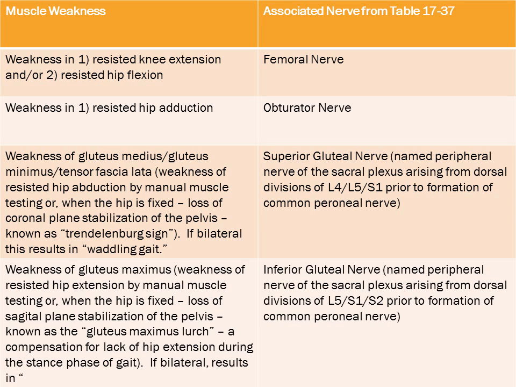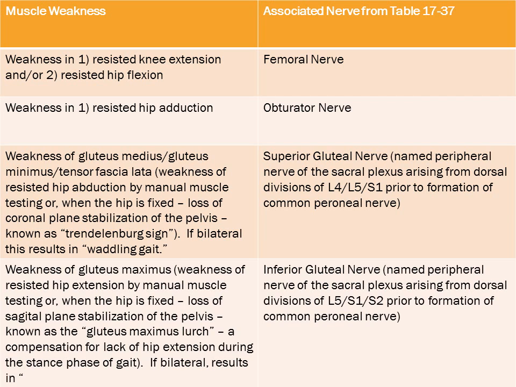If we have weakness of the gluteus maximus muscle, in other words, in physical exam, we notice that there's weakness of resisted hip extension by manual muscle testing, or by observation when the hip is fixed, we notice a loss of sagittal plane stabilization of the pelvis. It's the gluteus maximus that stabilizes the pelvis in the sagittal plane.